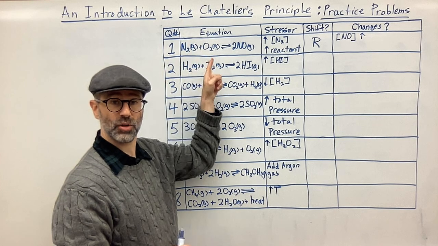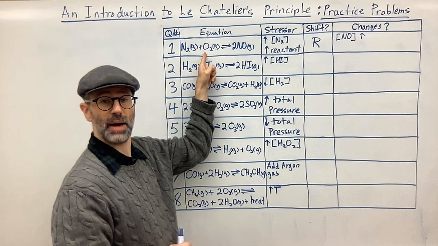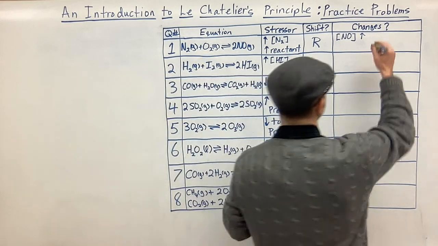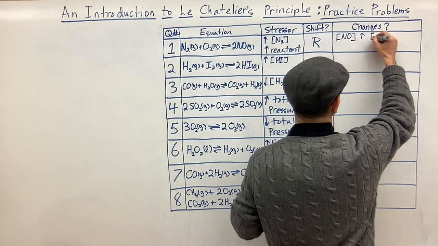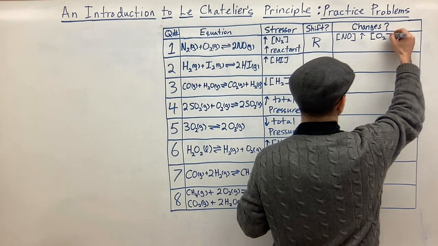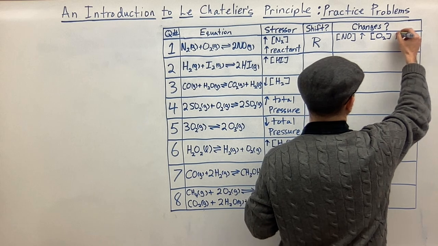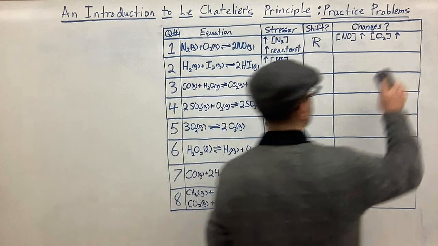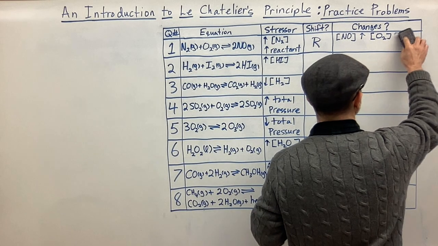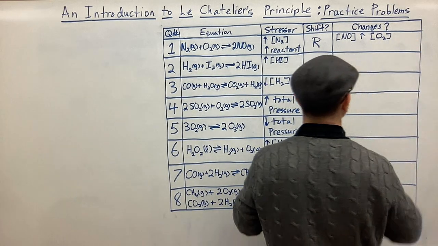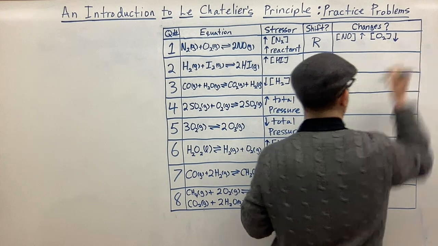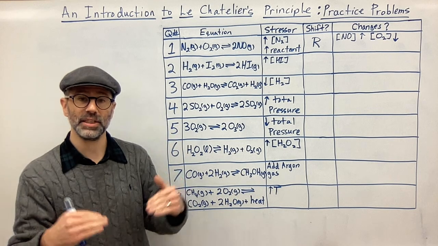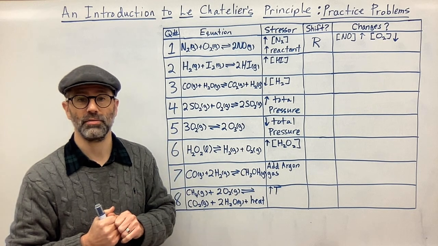So the reactants are going to decrease. So the amount of oxygen we had at equilibrium is going to decrease. So we could put that here. Concentration of oxygen is going to, that should be decrease, not increase. So the concentration of our oxygen is going to be lower than it was before. It's going to decrease at the new equilibrium point, right?